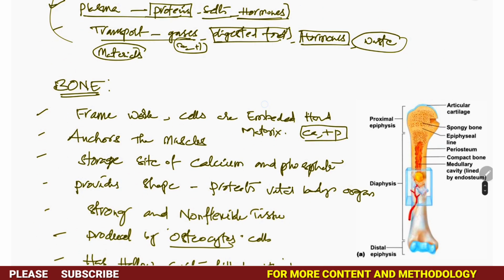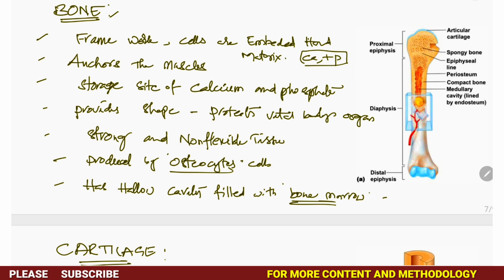The next one is bone. Bone is another example of connective tissue. It forms the framework of the body and supports the body organs, and in this tissue cells are embedded in a hard matrix, that is the skeletal matrix, which is comprised of calcium and phosphorus.